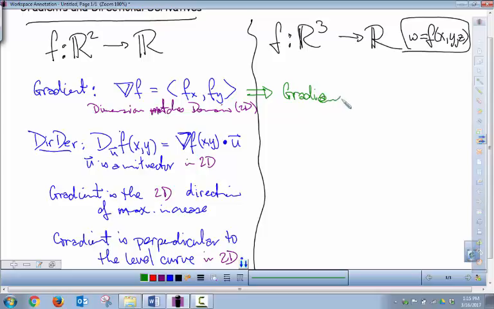Only difference is that before we had 2 independent variables, now we have 3. So this time we will have a gradient that is a 3-dimensional vector: the derivative with respect to x in the first component, with respect to y in the second component, and with respect to z in the third component.